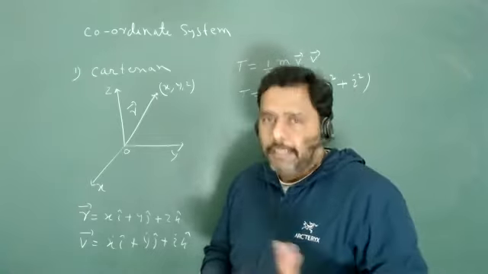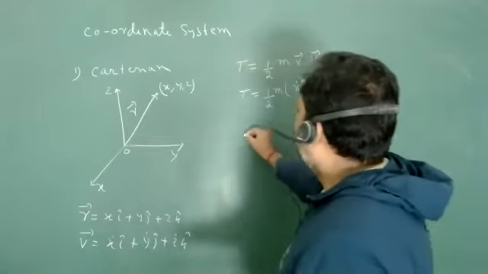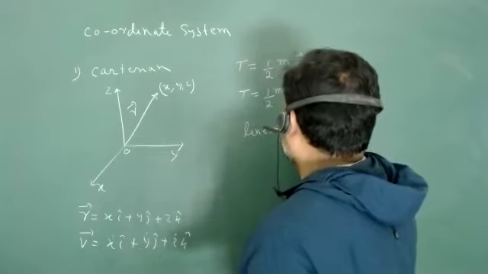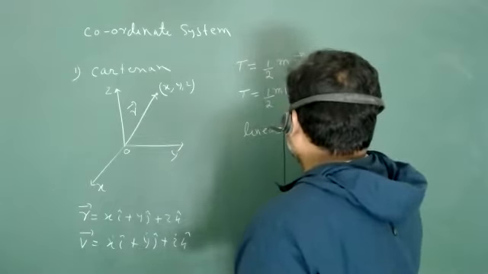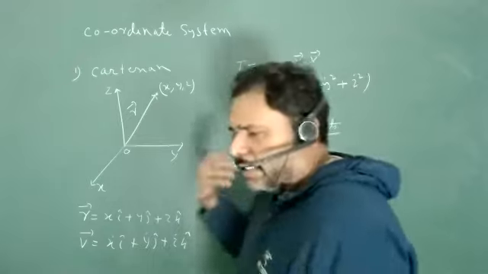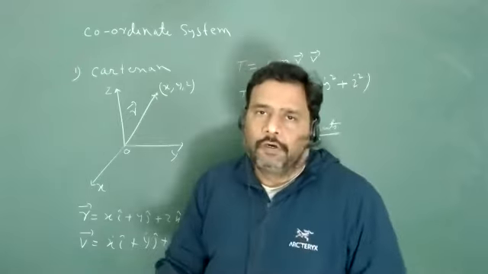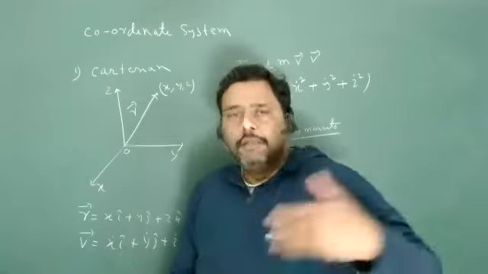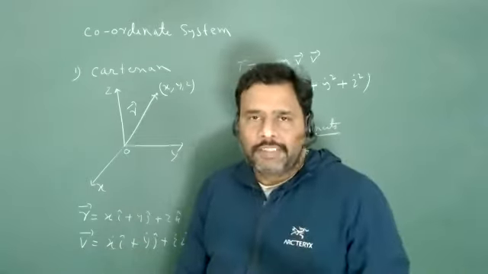Linear momentum. Linear. Obviously, if you want to discuss the system in a linear symmetry, then obviously Cartesian coordinate is useful coordinate system. Suppose some particle is moving along x-axis, then obviously Cartesian coordinate is the best one.